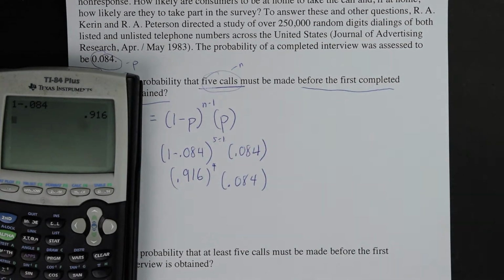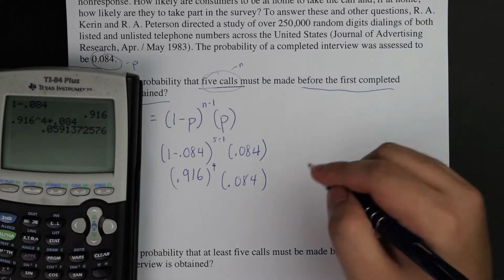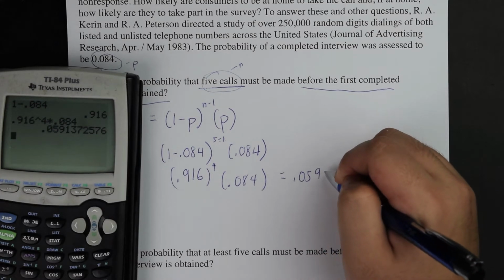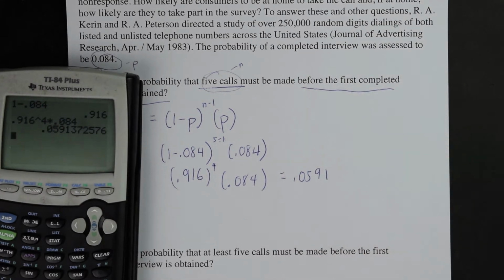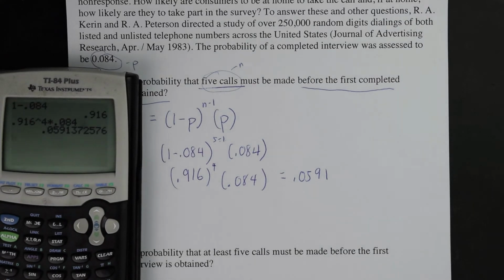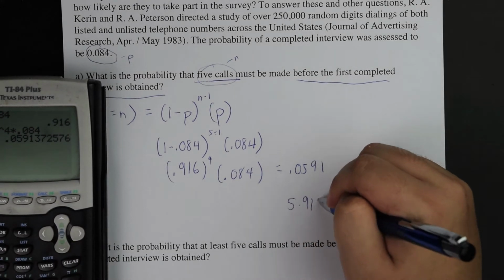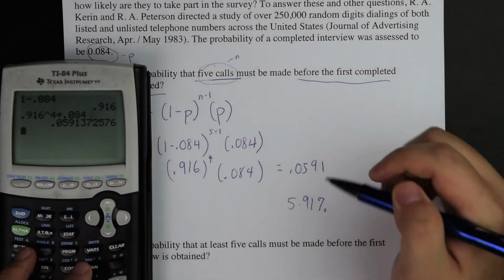Afterwards, 0.916 to the 4th power times 0.084 will equal 0.05911, because 4 digits is good enough to help me estimate the values accurately. And since it asks for the probability, the probability will be a 5.91% chance. So this is my probable chance.